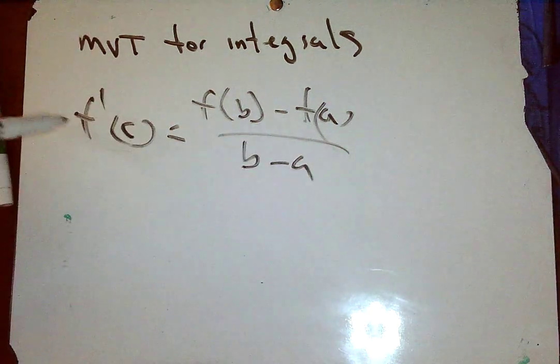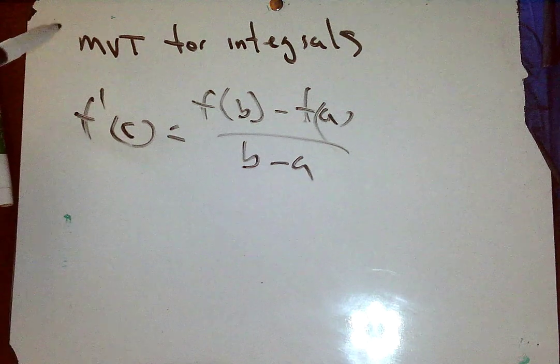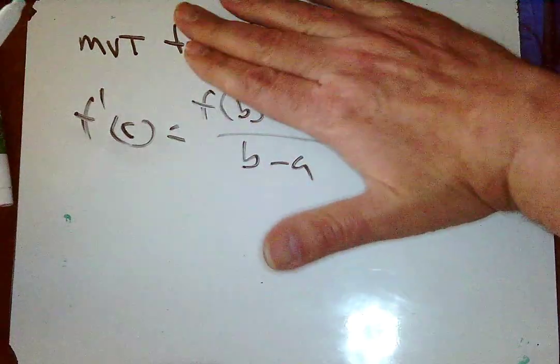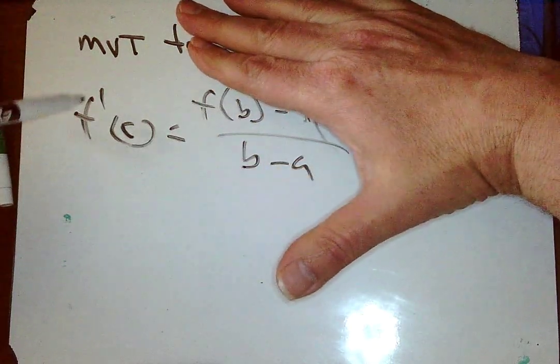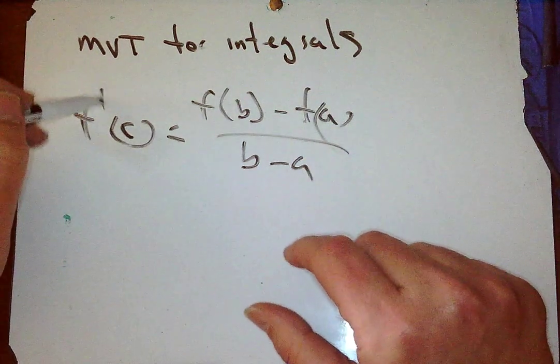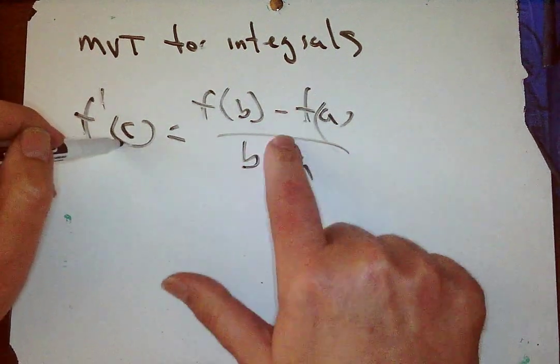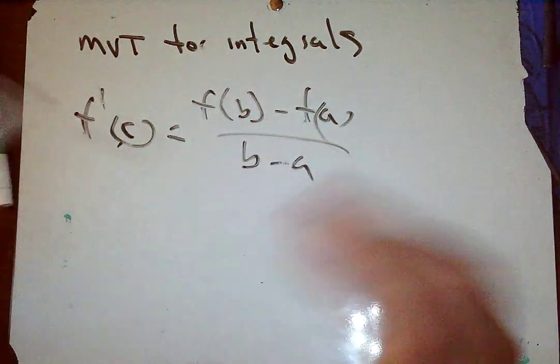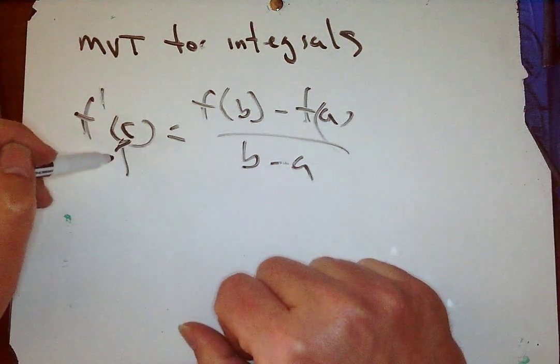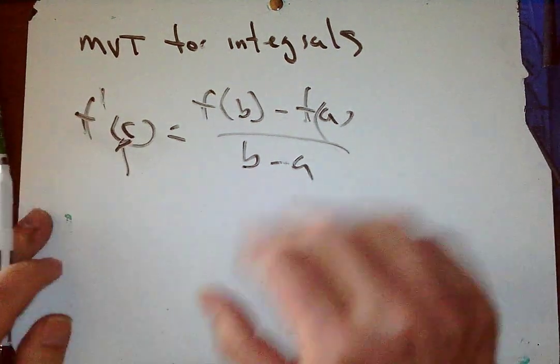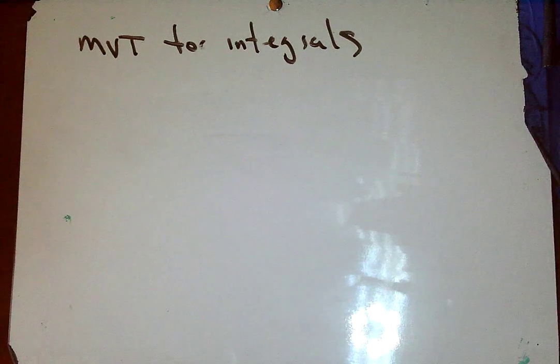That was our MVT for functions. So the slope of the tangent is the same as the slope of the secant at at least one point from a to b.